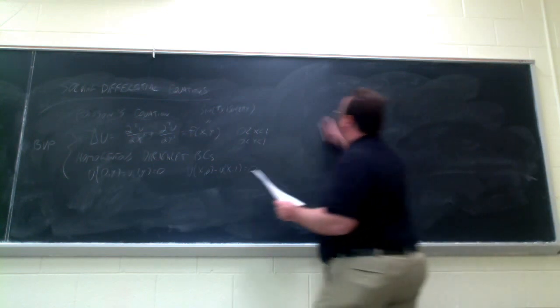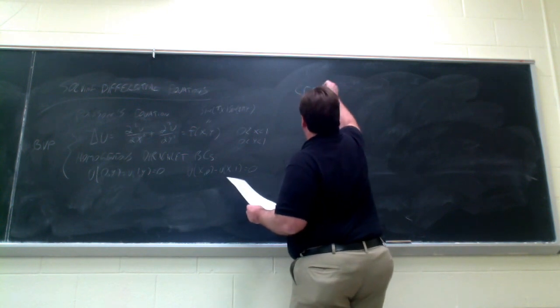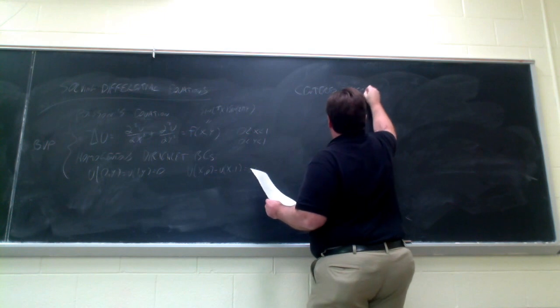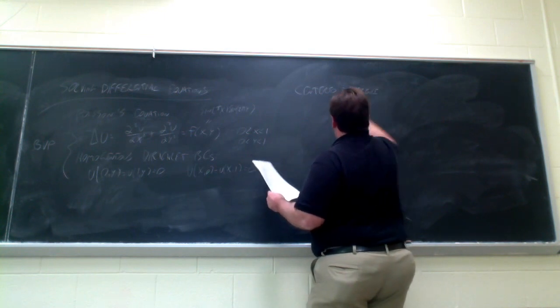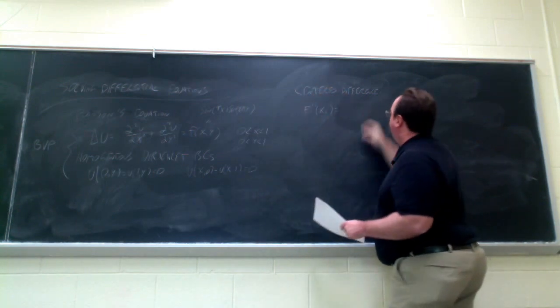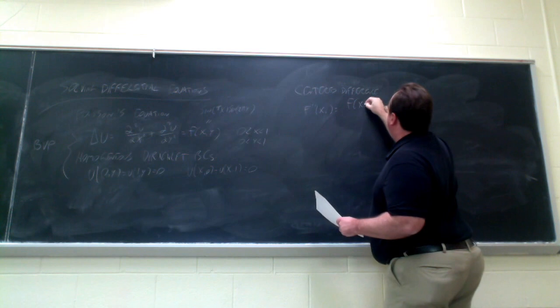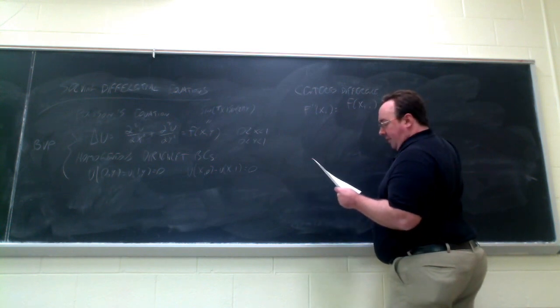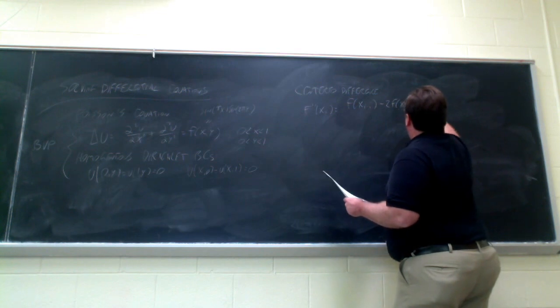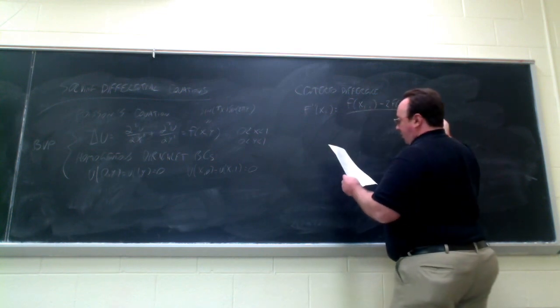So for that, I use the center difference approximation. So we have f double prime at grid point xi is f(x_{i-1}) minus 2 f(xi) plus f(x_{i+1}).